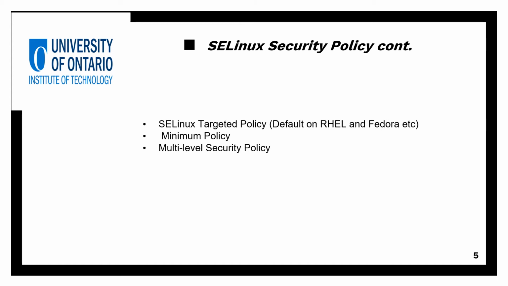The SELinux targeted policy is the default on both RHEL and Fedora. Under this targeted policy, each subject and all objects in the system run in what we call the unconfined_t state, except those daemons which are targeted. That is why this policy is named targeted, because it targets only specific daemons.